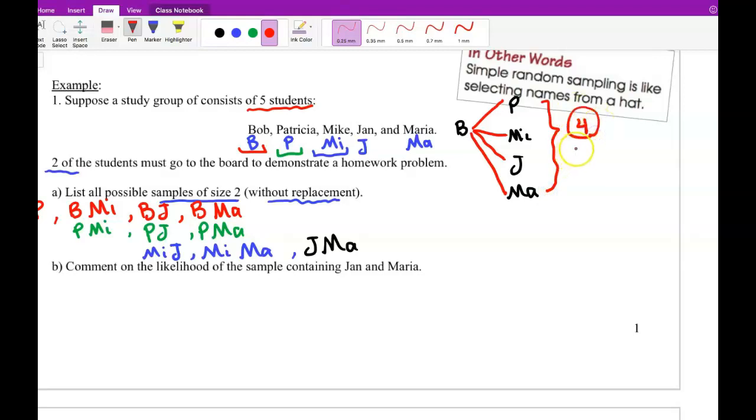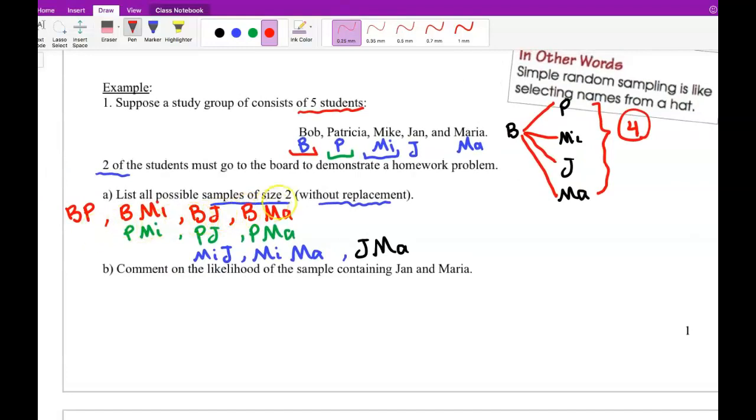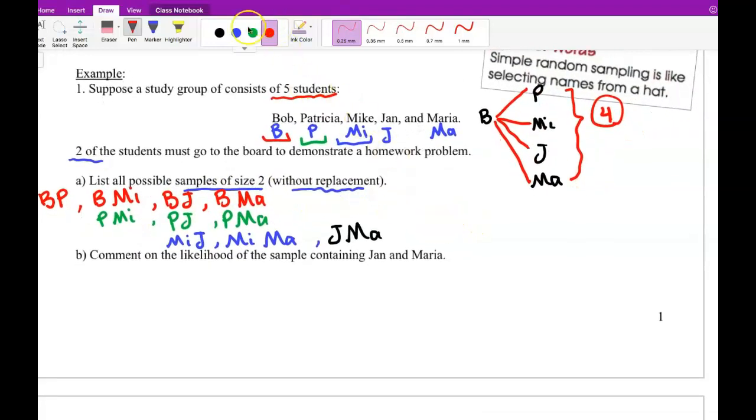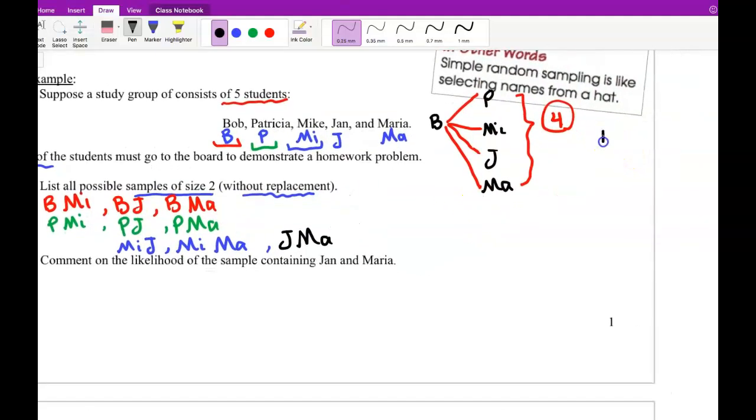Here I have 4 possible samples in the first row. Then I started from this part, Patricia, and on the right side we have Mike, Jane, Maria.